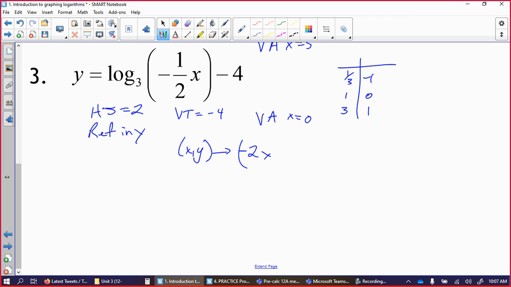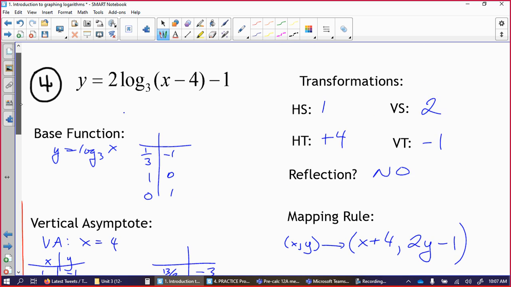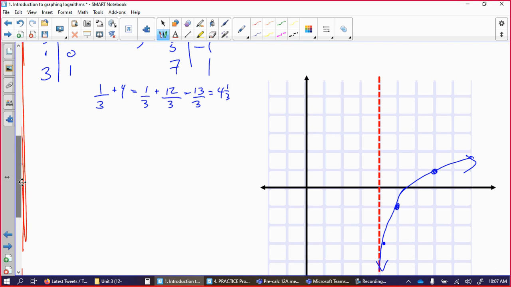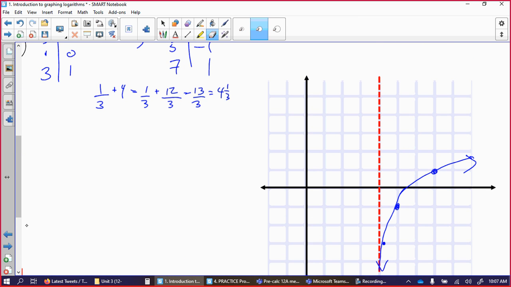Negative 2x, comma, y minus 4. So our new table is negative 2/3, negative 1, and negative 6. Y minus 4 is negative 5, negative 4, and negative 3. So I trust you are all able to plot some points and go from there.